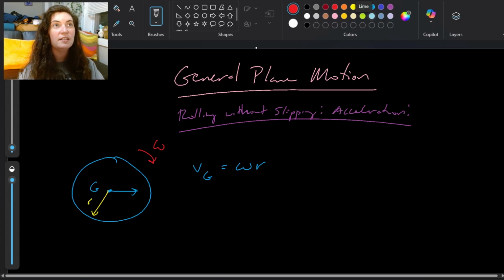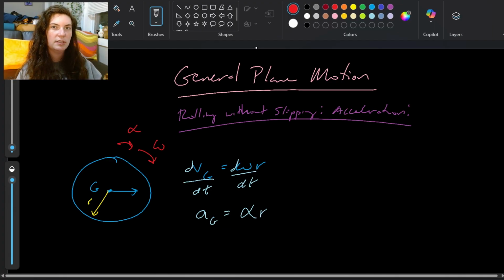If we take the derivative of this with respect to time, dvg dt, we end up with the acceleration of G. The acceleration of the center of that disk is going to be the angular acceleration times the radius. Your angular acceleration doesn't necessarily have to be in the same direction; it could be in a different direction. But this helps give us a grounding point for these rolling without slipping problems.